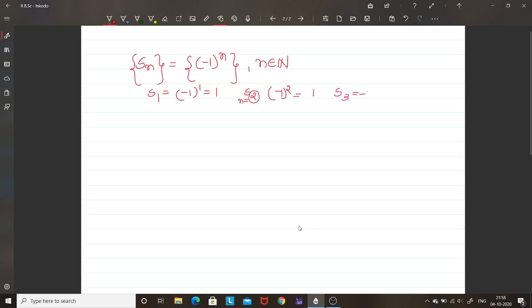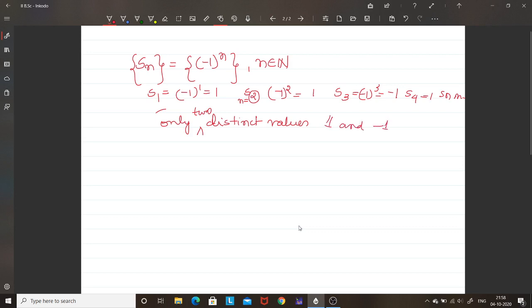S3 is minus 1 to the power 3, so you are getting minus 1, and S4 is 1, and so on. So we are getting only two distinct values here. Remember this, two distinct values. For odd values of n, you are getting minus 1. For even values of n, you are getting a positive value. So we are getting only two distinct elements, that are 1 and minus 1.